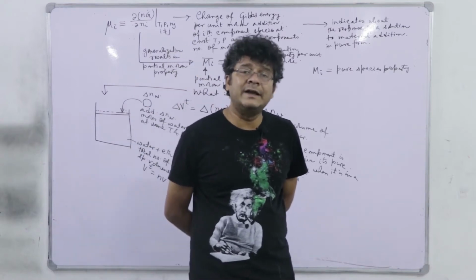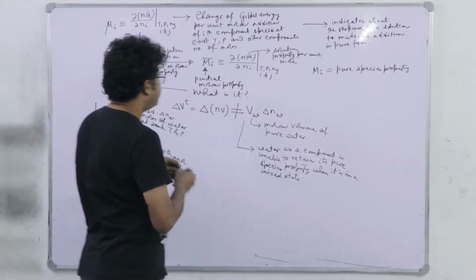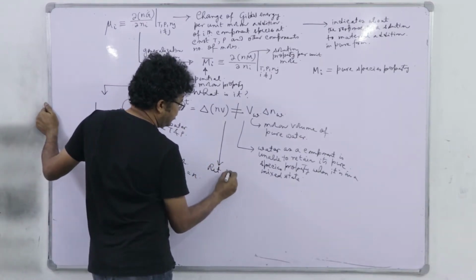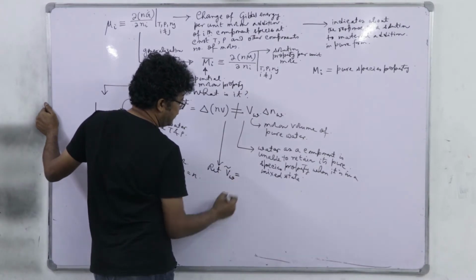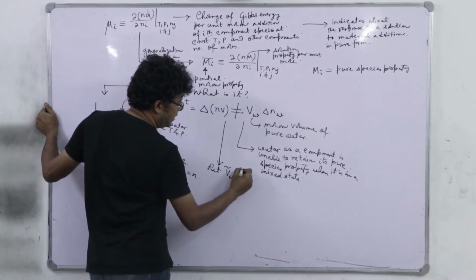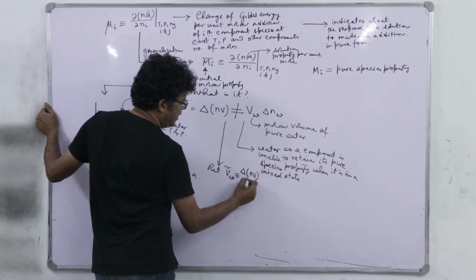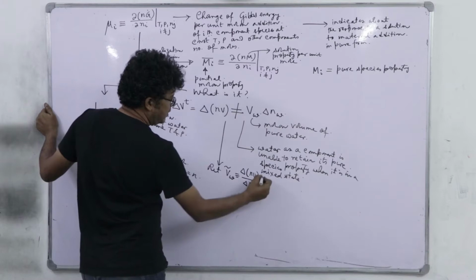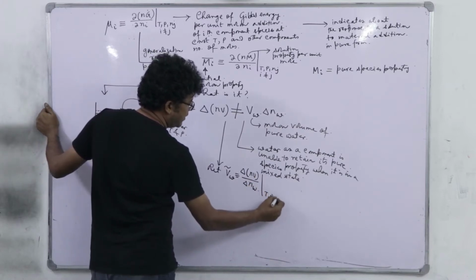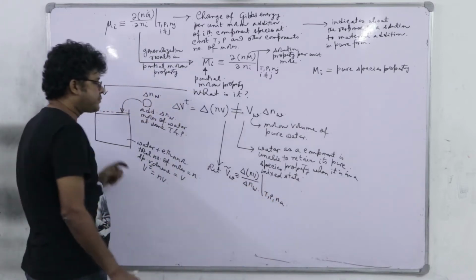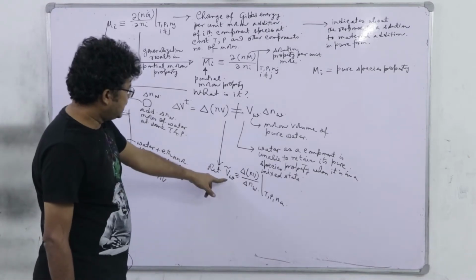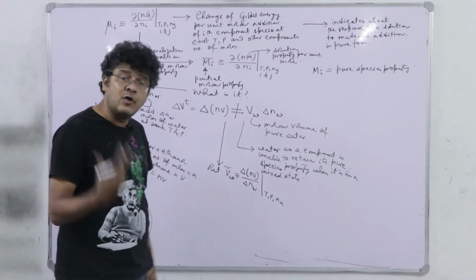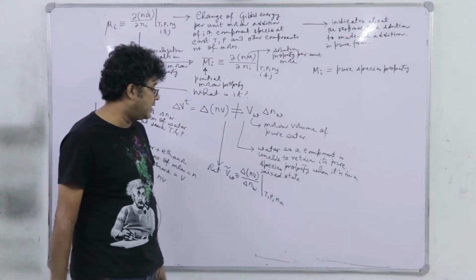But how to quantify that? Here we may think that there is some effective volume per unit mole, V w tilde, and it is defined as delta of N V by delta of N w, at constant temperature, pressure and N a, right. But this V w tilde is a function of how much water we are adding into that system.